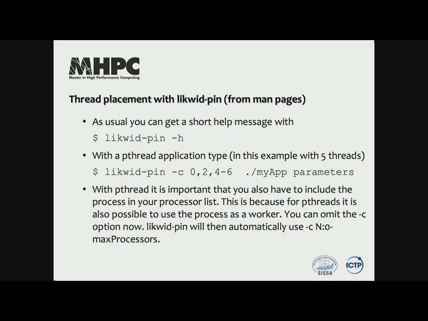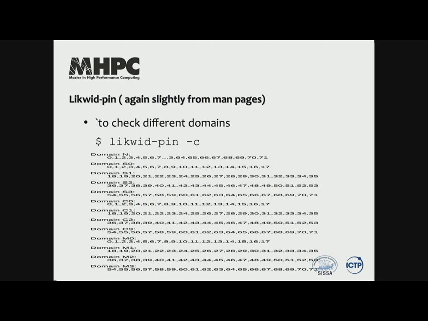You place the first on core 0, the second on core 2, and then the other 3 on 4, 5, and 6. In this way, you are pretty sure that they are there. There are some reasons to do that. You can do it this way, see the changes in terms of performance of your application, and then decide what to do.